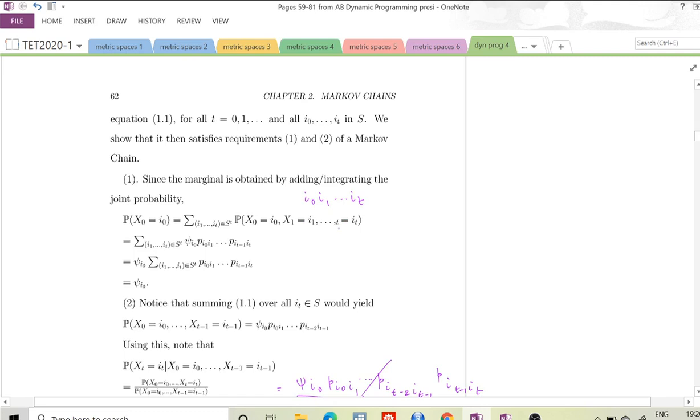I get the marginal by adding away or integrating away the remainder of the path. So I sum the probabilities over all possible paths from time 1 to t, in order to get the probability that x naught at time 0 is equal to i naught, right?